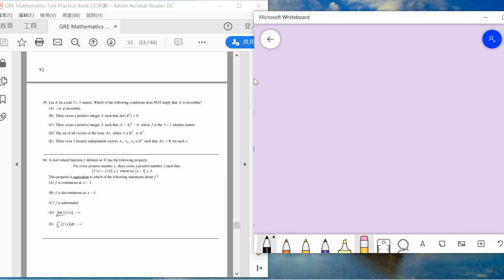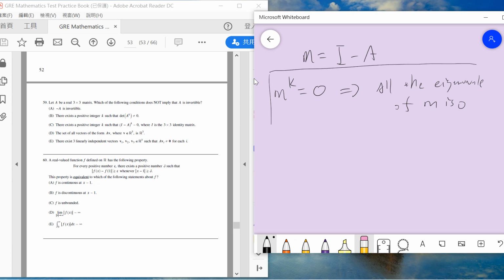How about C? There is a positive integer K such that (I minus A)^K is equal to 0. This is basically the same fact that I mentioned. If I let M equal I minus A, and M^K is 0, this tells you that all the eigenvalues of M are 0. This is called a nilpotent matrix. Basically, this is if and only if.